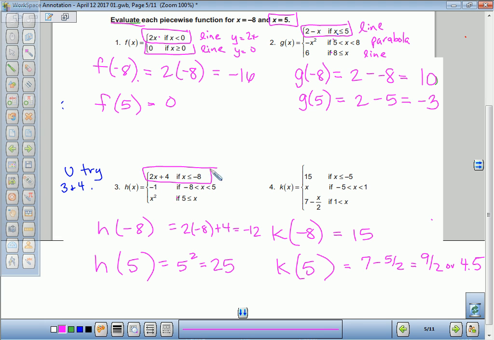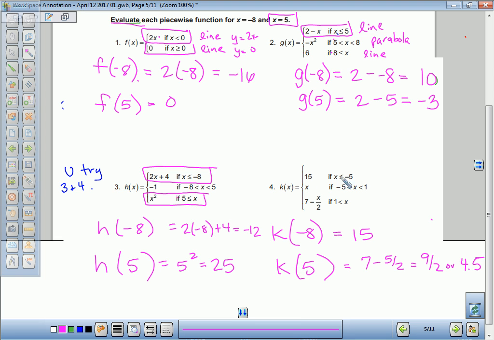So for -8, I had to plug it into this. Now 5 is in this interval, x values that are greater than or equal to 5, so it had to go in here. So you have to look at the interval to determine where to plug it in.